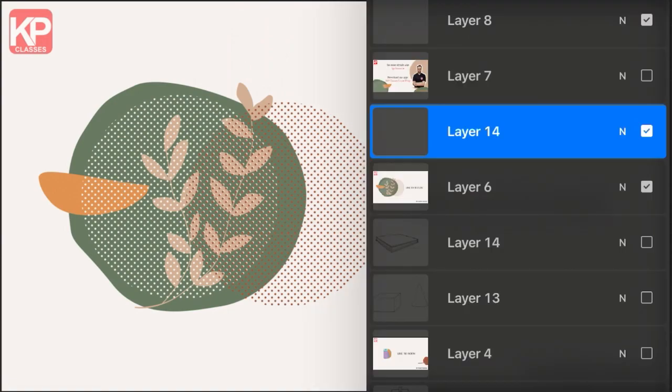To make different types of textures, the first one, the very basic one I am going to discuss here, is called cross hatching. Let me write down the name. Cross hatching.